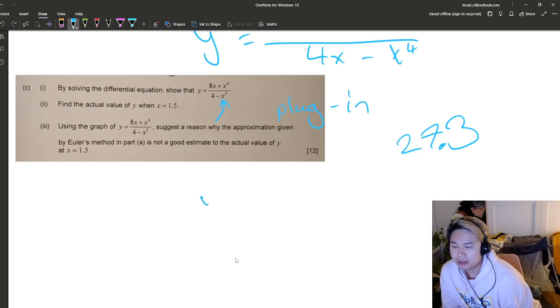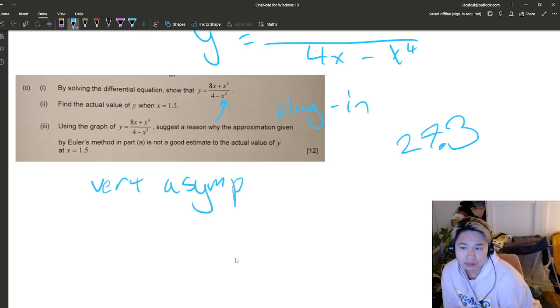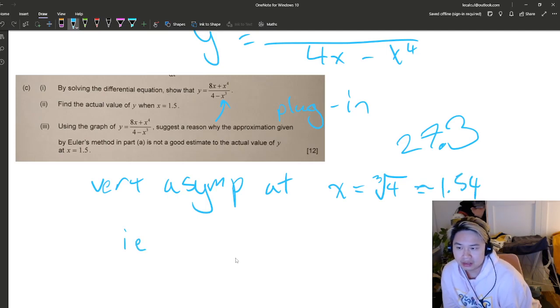So, there is a vertical asymptote at x equals cube root of 4, which is about 1.54.